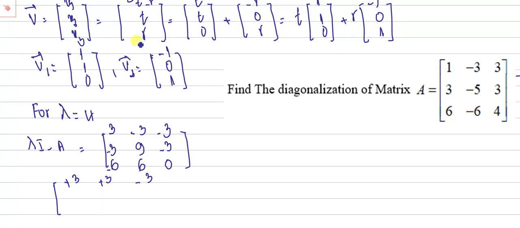This one is 3, 3, 3 minus 3. Minus 3, 9, minus 3. Minus 6, 6 and 0. And this one is minus 3, 9, and minus 3. 6, minus 6, 6 and 0. The right hand side is 0, 0 and 0.